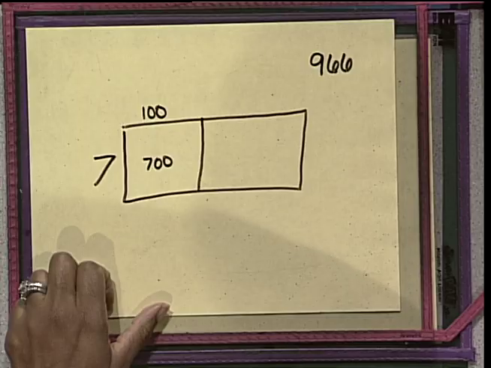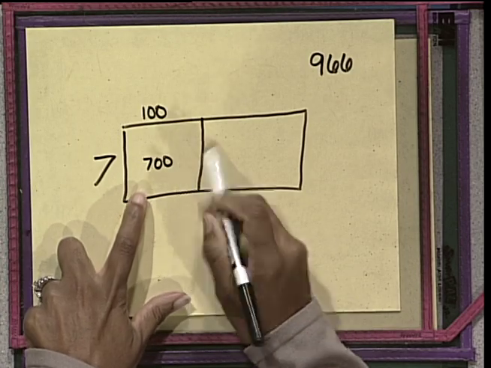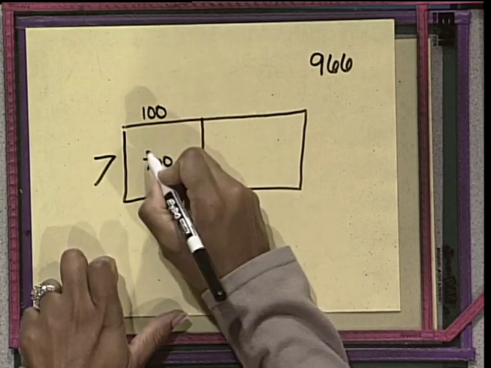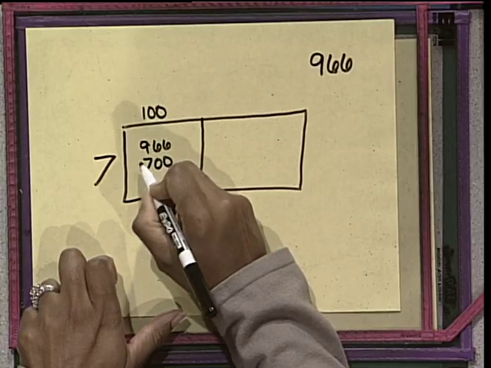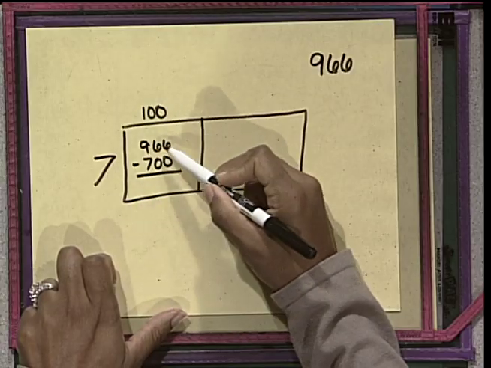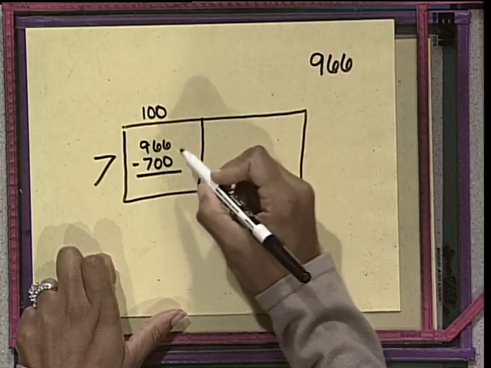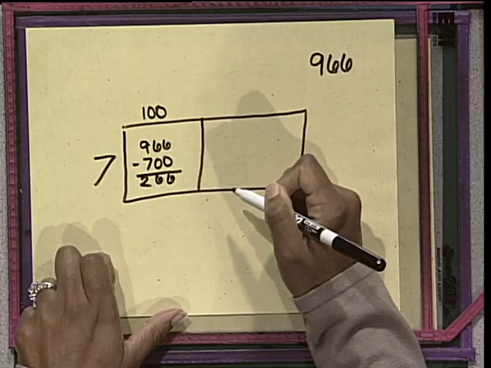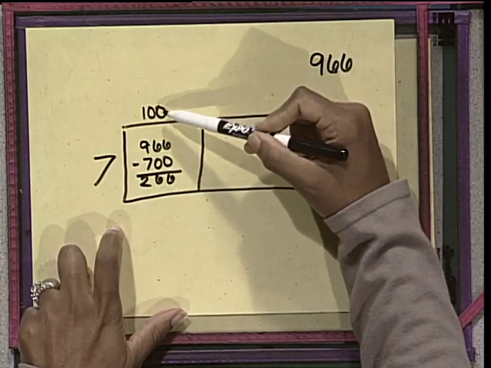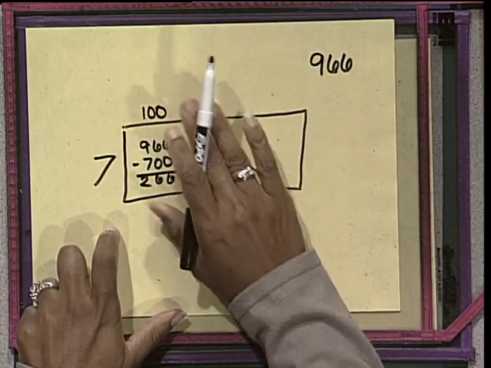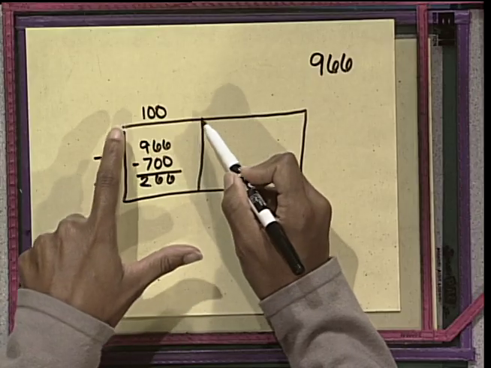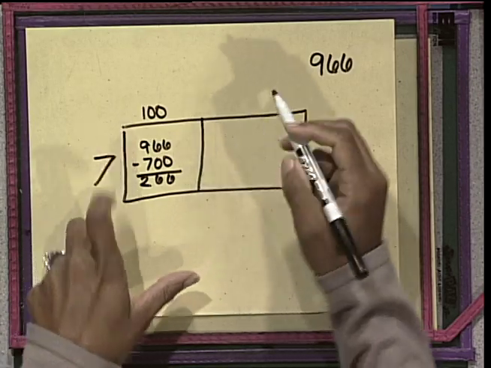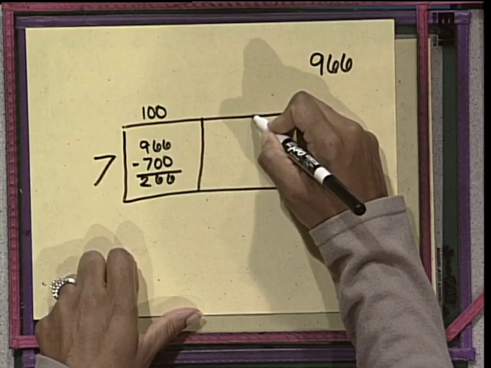So now I'm going to take this area and subtract it from the total area of the entire rectangle. 966 minus 700 gives us 266. So now I know that so far I have 100. This is the width of this part of the rectangle. Now I need to see how many tens are needed.